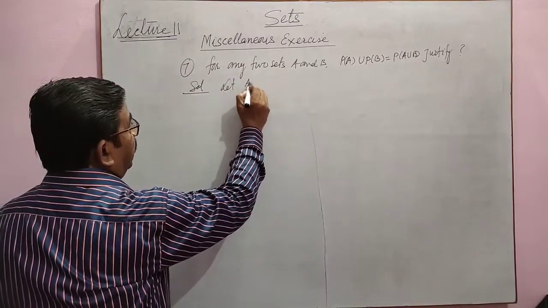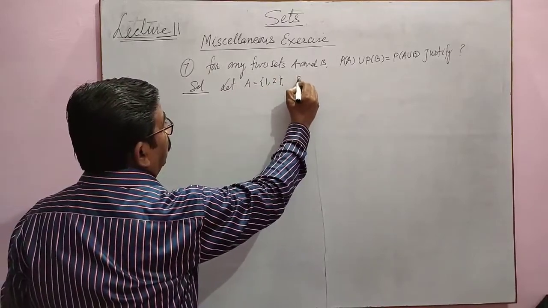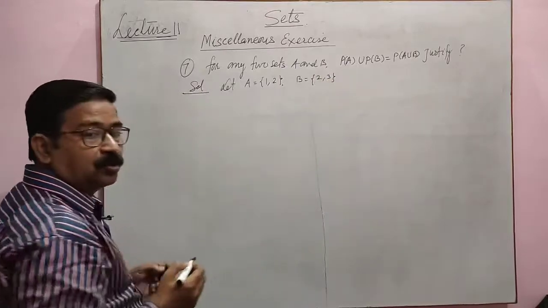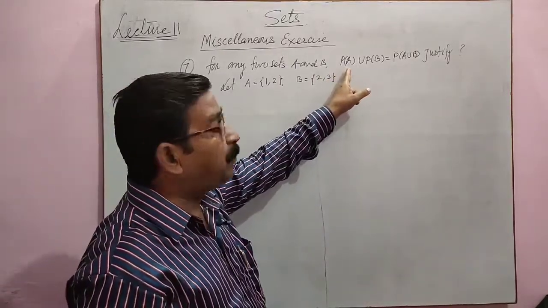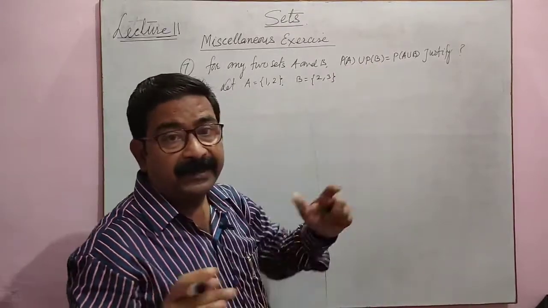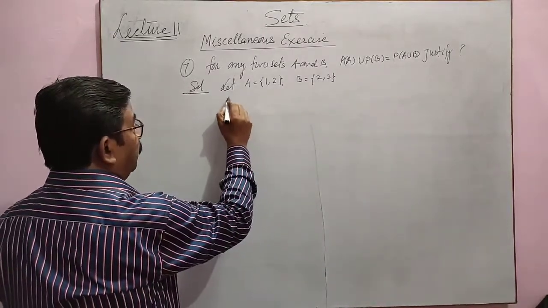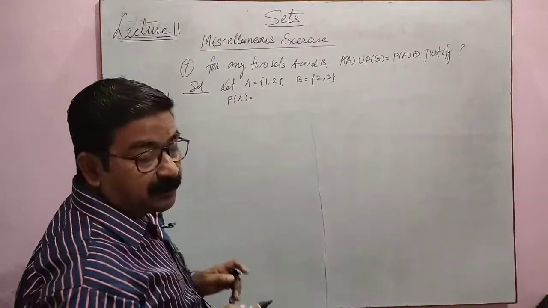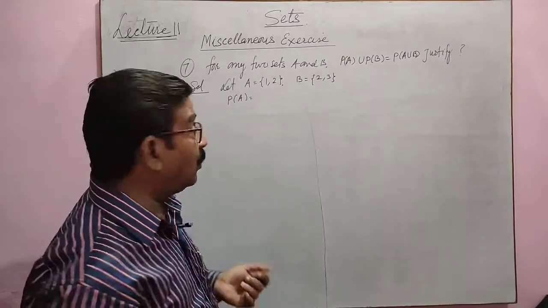Let A be {1, 2} and B be {2, 3}. We have got two sets. First we have to find the power set of A and power set of B and their union. So first we find PA. Power set means what? Set of all subsets.